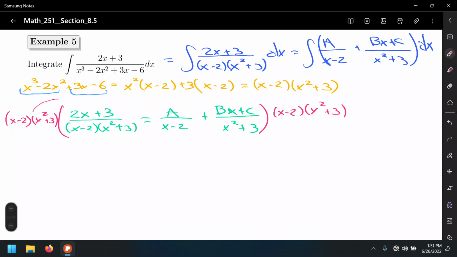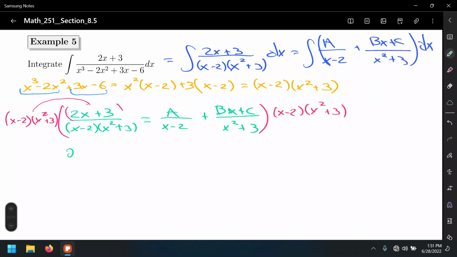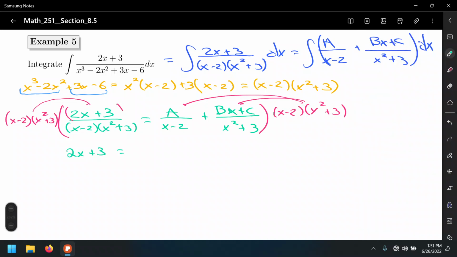Okay, so when we distribute over here, notice everything cancels except the 2x plus 3. We're only left with the 2x plus 3 in the numerator. Equals, when we distribute this over the numerator on the right hand side, notice how these x minus 2's cancel, leaving us with A times x squared plus 3.